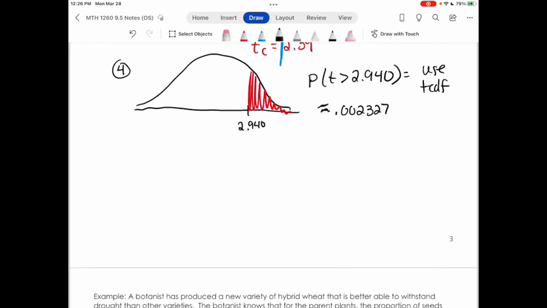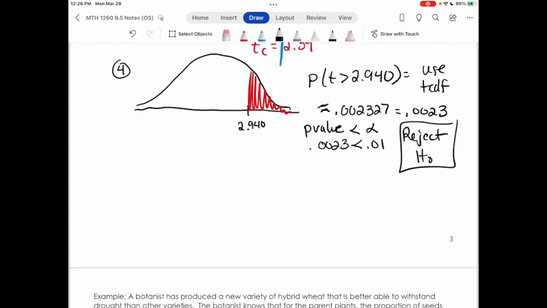When you put all that information on your calculator, you should get that the p-value came out to be 0.002327, approximately. Since our p-value is smaller than our alpha, we have 0.0023 is smaller than 0.01, we're going to say reject the null hypothesis.